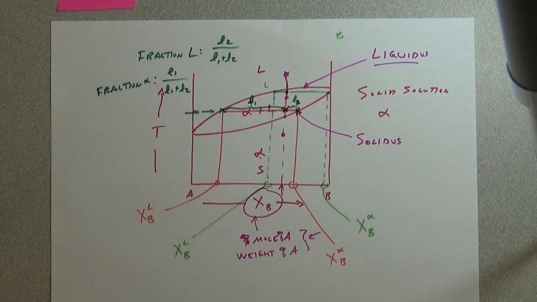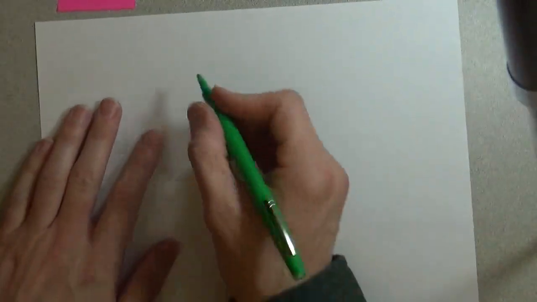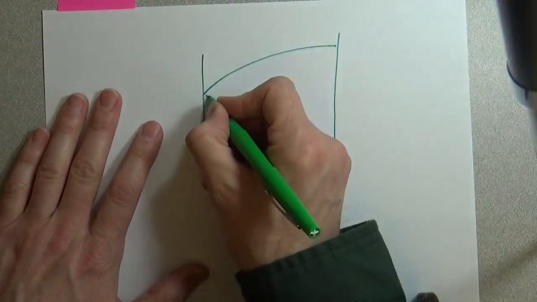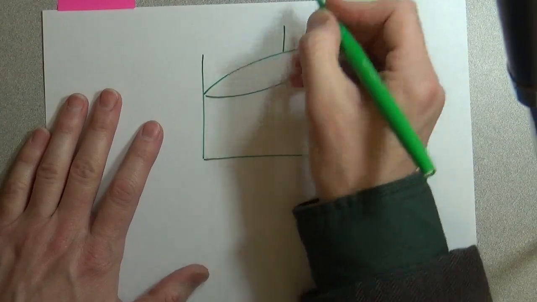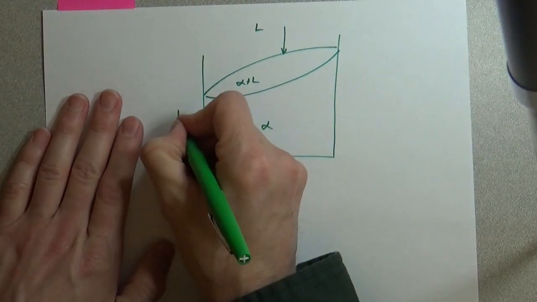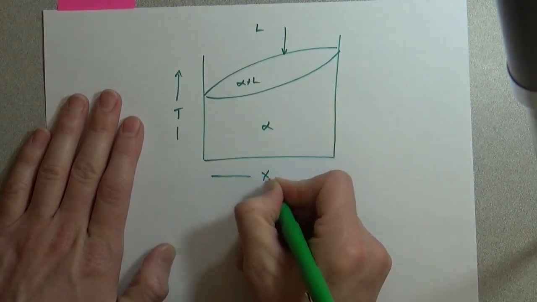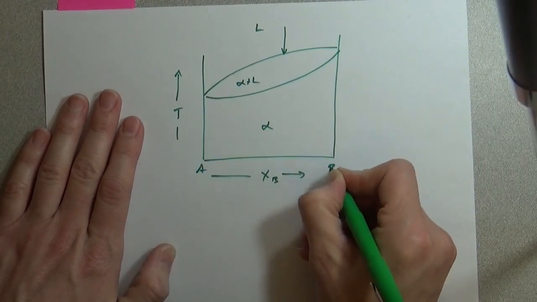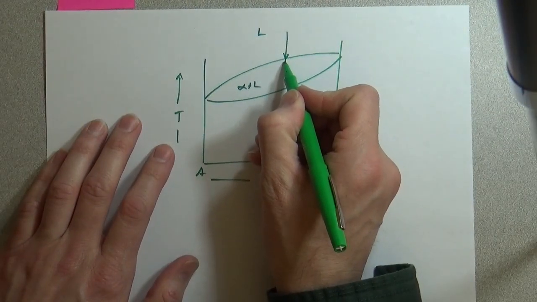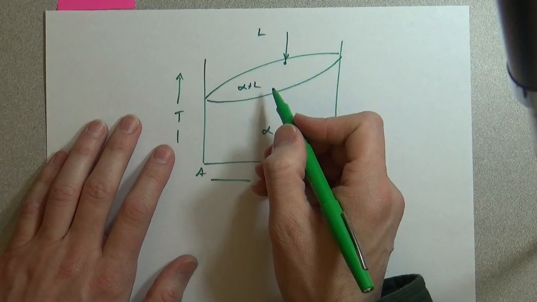And right now that may just sound like it's some recipe, but it actually does make sense, because if you think about it, let me draw a real quick diagram here. So as I'm going liquid, alpha plus liquid, alpha, A, B. Okay, so as I'm going from liquid and I first cross into my two-phase region, well, as I first cross in, that means it's going to be mostly liquid.